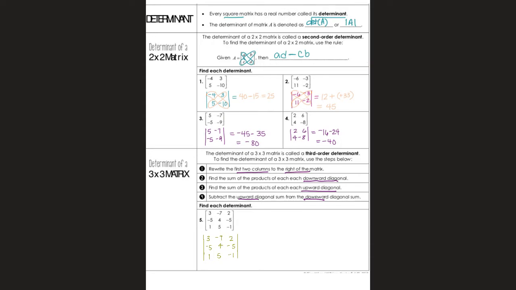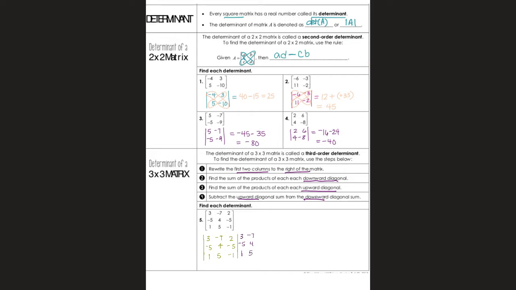So there's your determinant. Now to find the value, you're going to rewrite those first 2 columns. So in other words, I'm going to bring this over and say 3, -5, 1. There's your first column. Remember, columns top to bottom. Second column, you're going to have negative 7, 4, and 5.